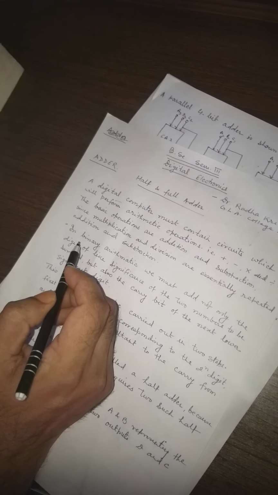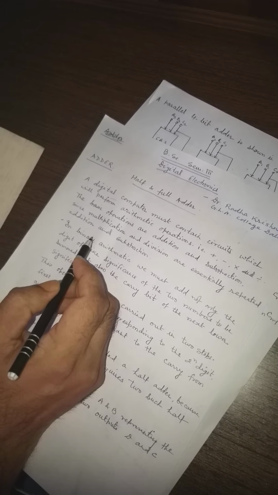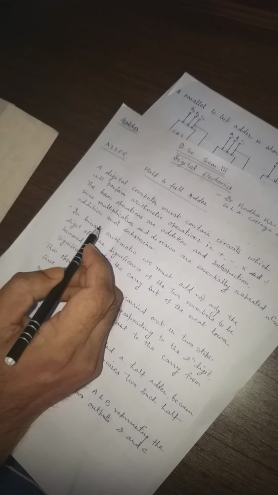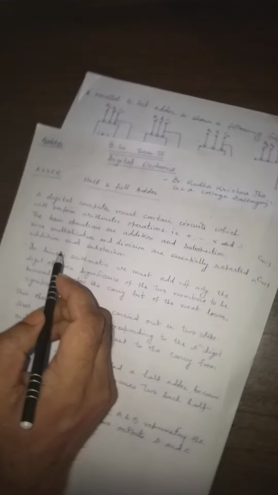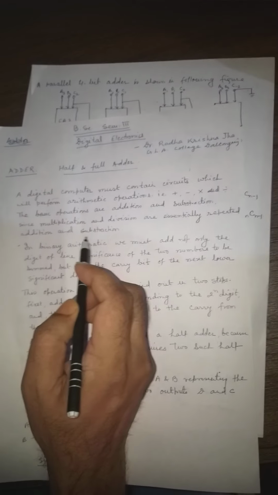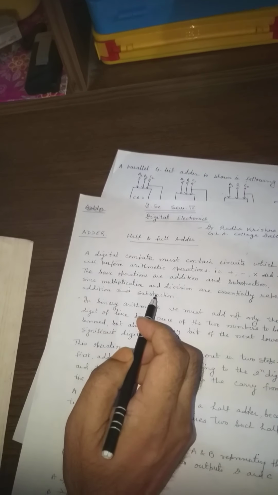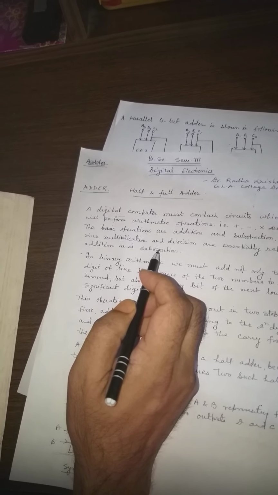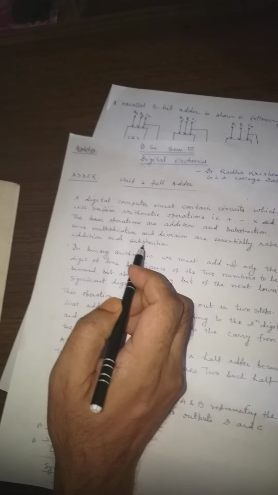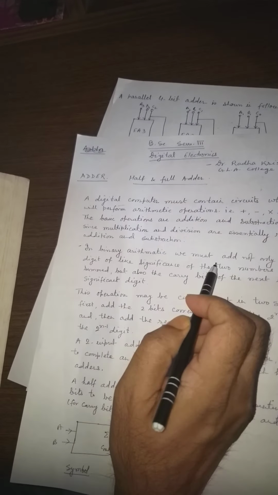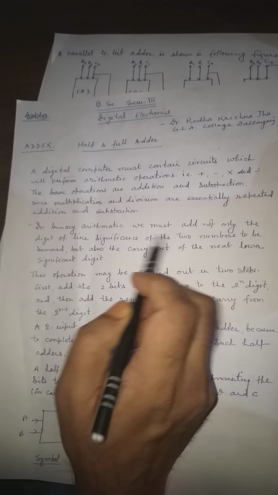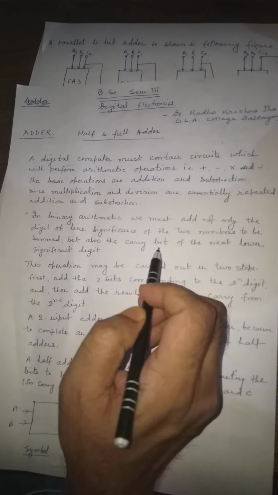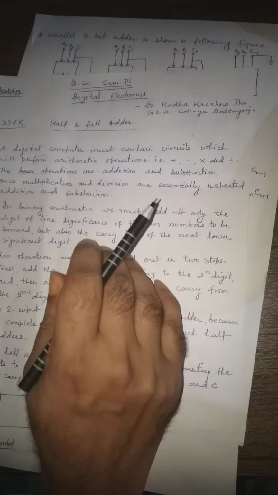If we wish to sum two numbers in decimal arithmetic and obtain the hundreds digit, we must add together not only the hundreds digit of each number but also a carry from the tens digit if one exists. So in binary arithmetic we must add not only the digits of like significance of the two numbers to be summed but also the carry bit of the next lower significant digit.